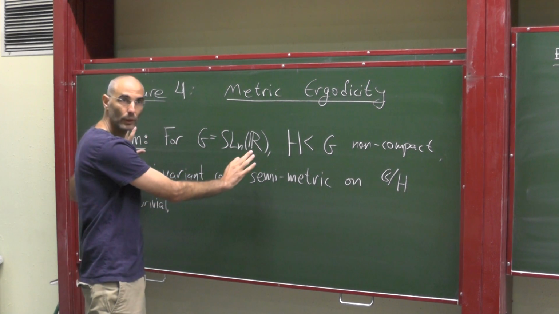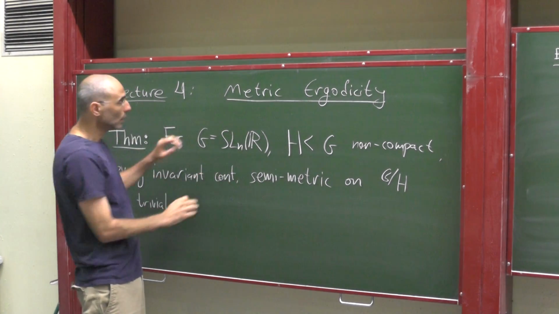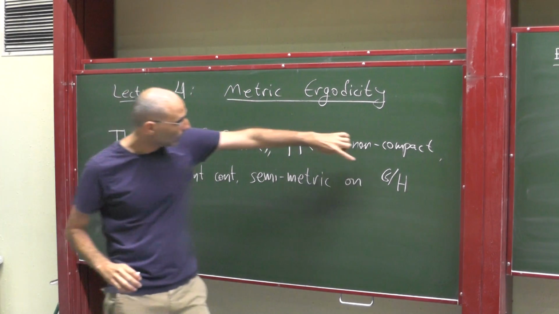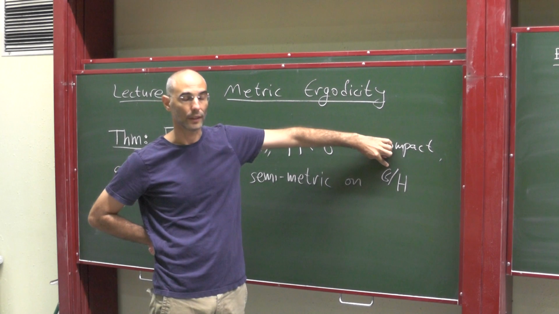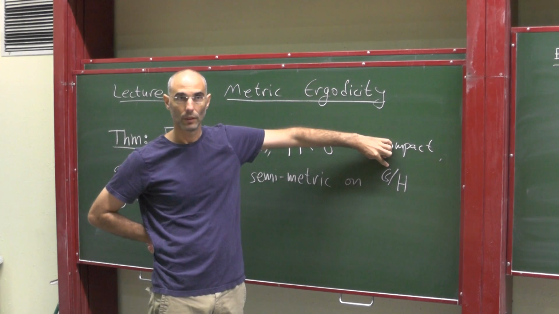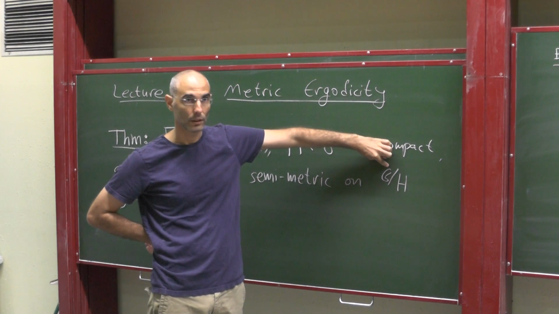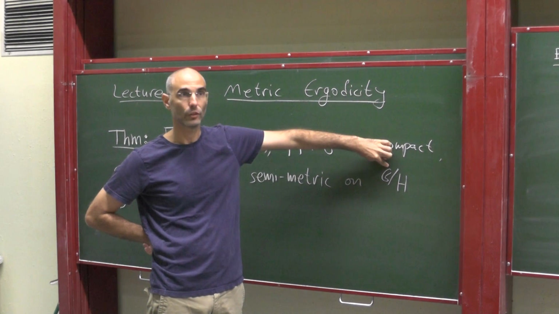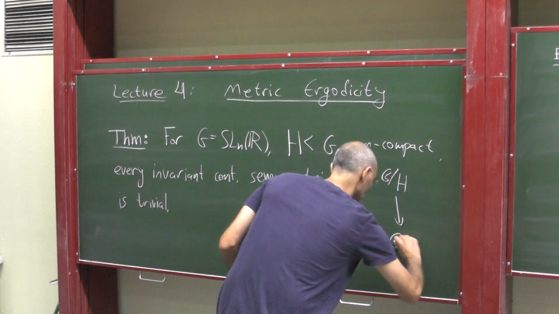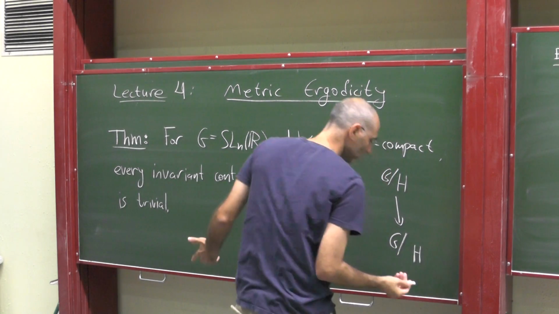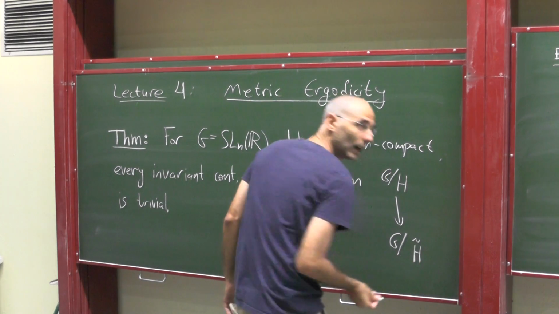We have a semi-metric on G mod H. There is an obvious G-invariant equivalence relation of pairs of points being at distance 0 from each other. If you mod it out, you get a quotient space on which the semi-metric descends to an actual metric. But this quotient space will be a transitive G-space as well, so it will be of the form G mod H tilde.